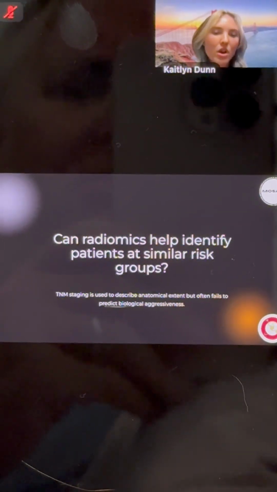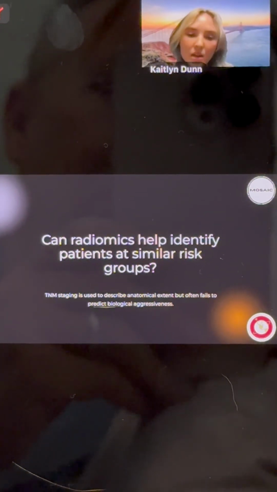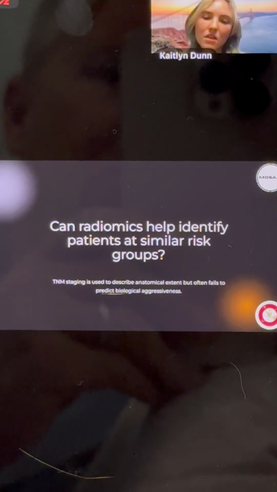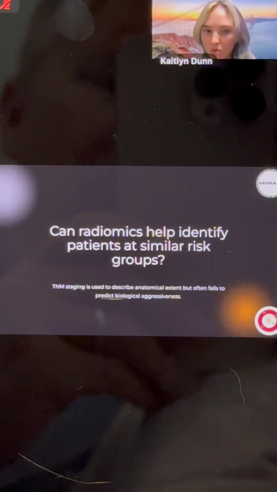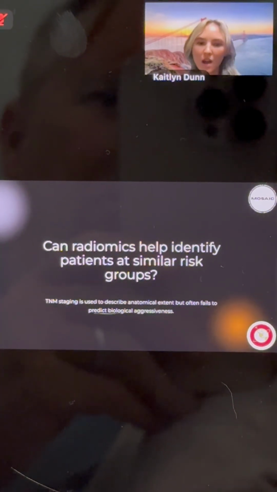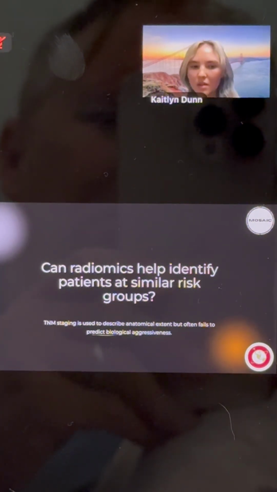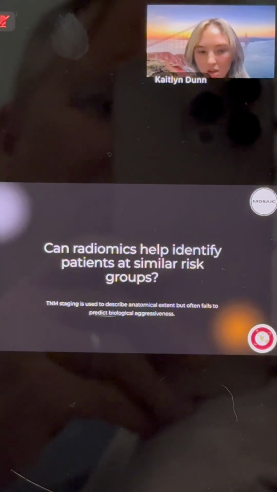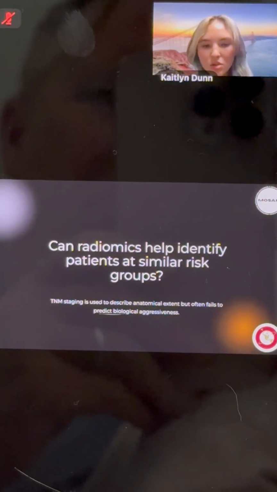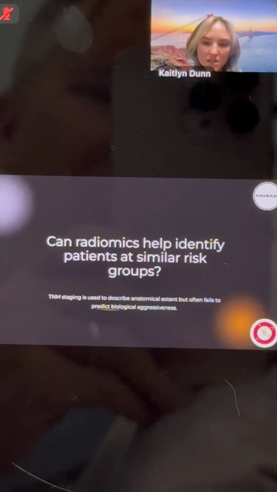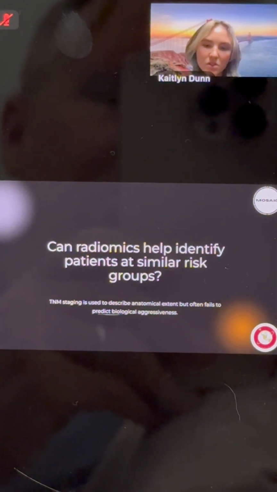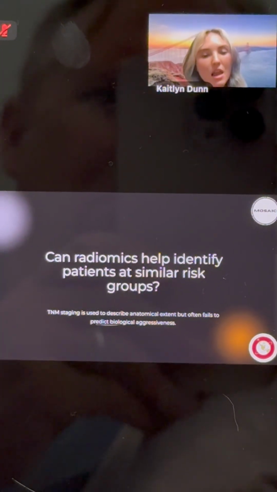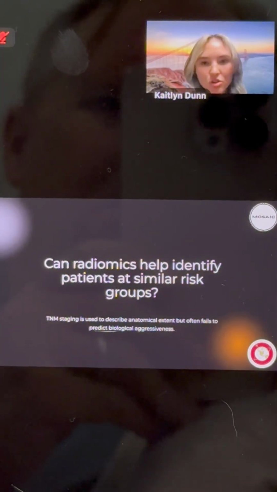And I wonder if radiomics, which is the data type that I will be using, can help identify patients at similar risk groups to try and stratify patient survivability? The current staging criteria, TNM staging, is used to describe the anatomical extent, but this often fails to predict the biological aggressiveness, which would be present in a patient risk evaluation.